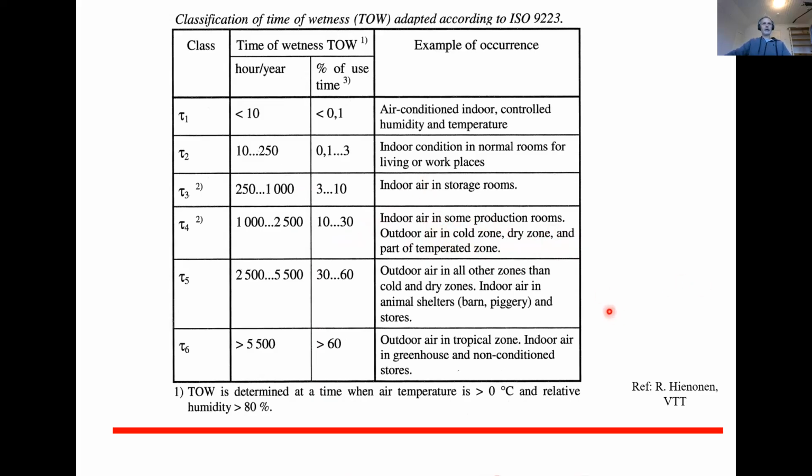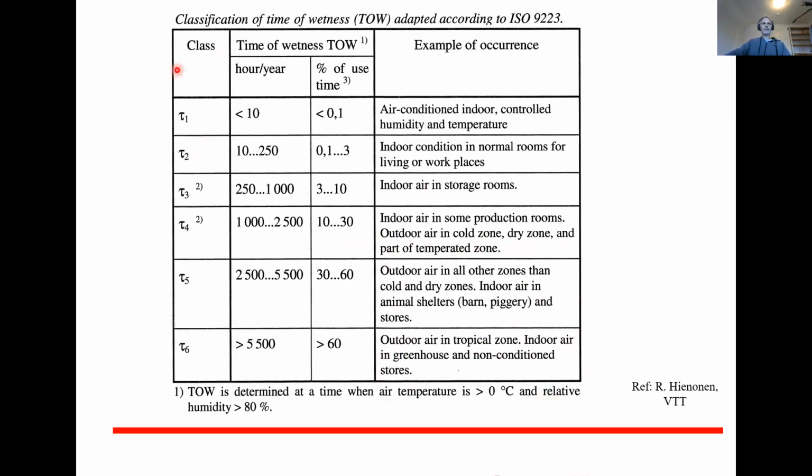Then the other types of outdoor environment, and then finally tau6 is something like a tropical zone or greenhouses, where more than 60% of the lifetime these kind of conditions exist.